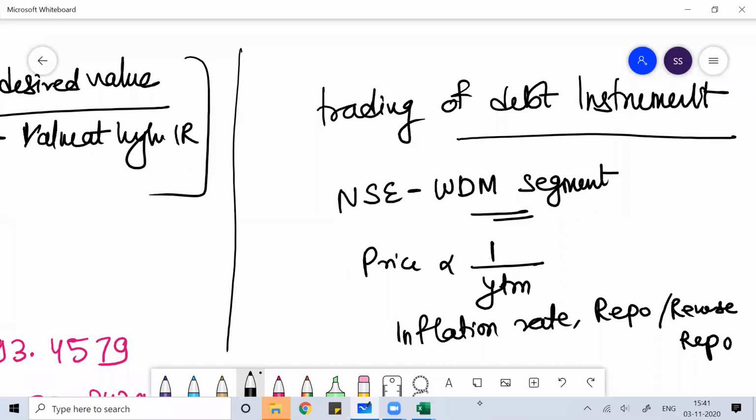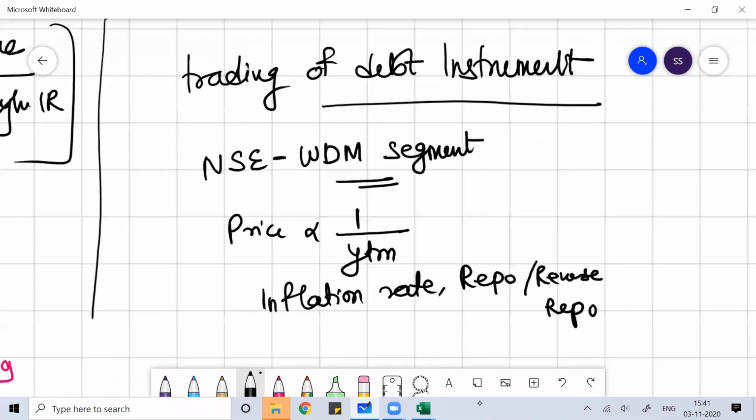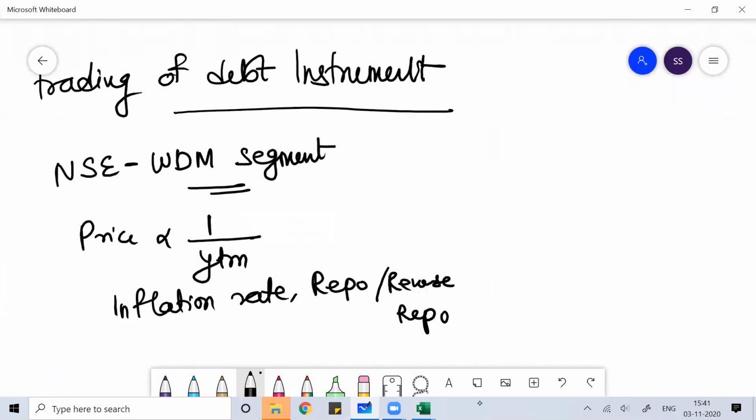So whatever is happening in the economy will affect the pricing of the debt instruments which are already trading in the market. I hope you are getting the logic. Imagine right now, if you go and invest your money in an FD, or try to put your money in any instrument, nobody will give you interest of more than 5%.